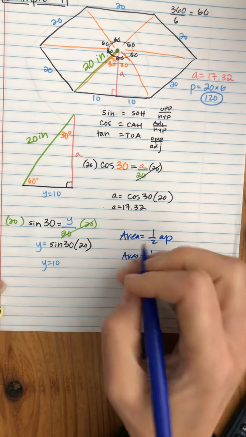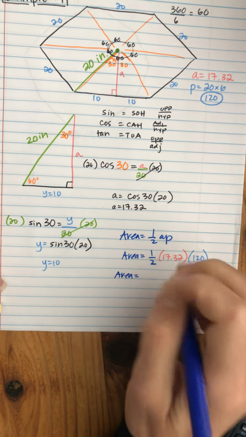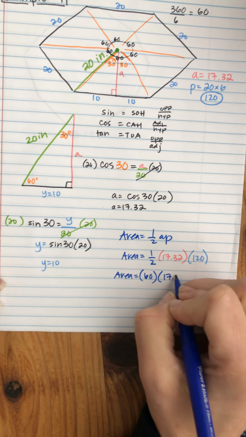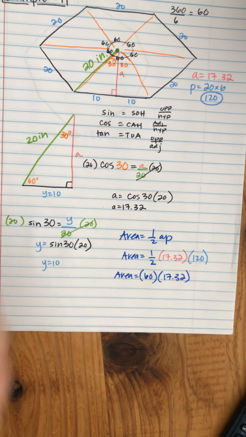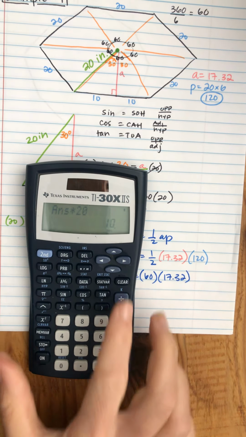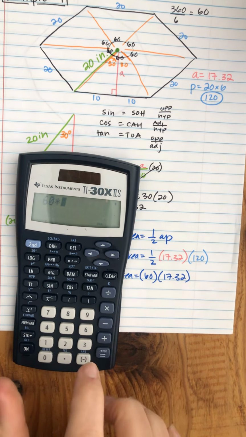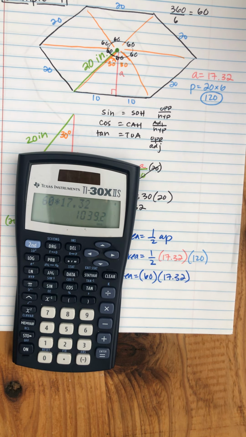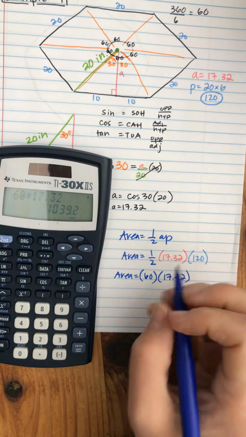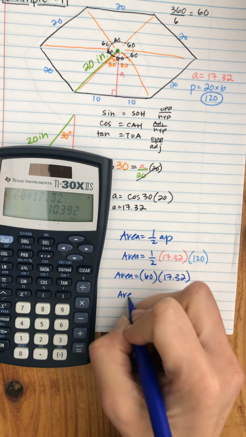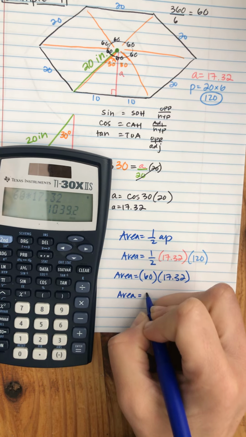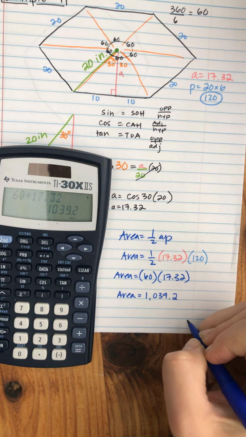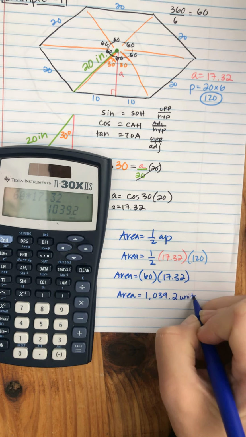I'm just going to take 1/2 of 120 and do 60 times 17.32, and that's going to be my area of my hexagon. So let's do 60 times 17.32, and that gives me 1039.2. So my area of this polygon equals 1039.2. We don't have units, so we'll call it units squared.